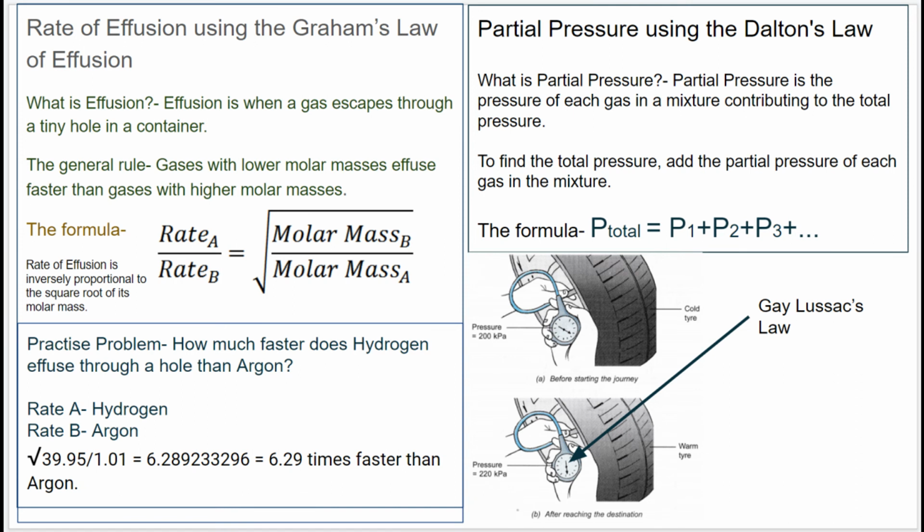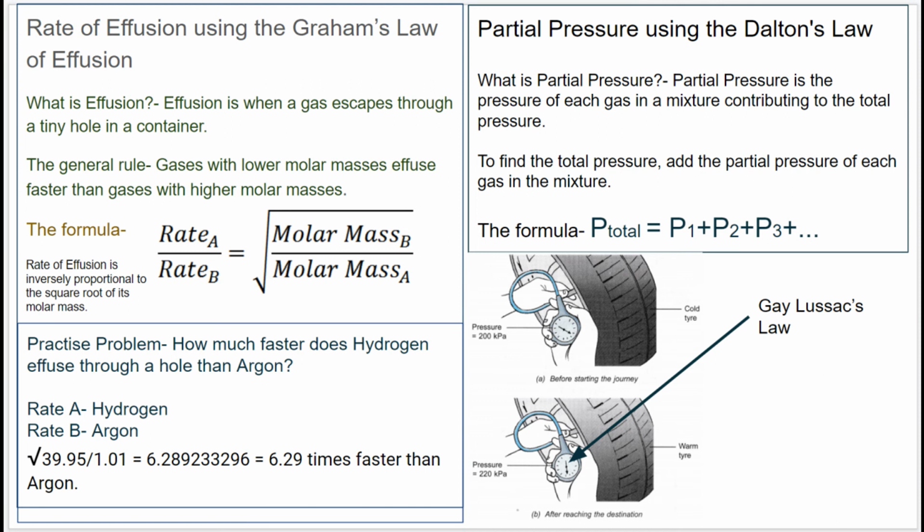So this basically shows us that hydrogen effuses 6.29 times faster than argon. This is because hydrogen has a lower molar mass, so it effuses faster.